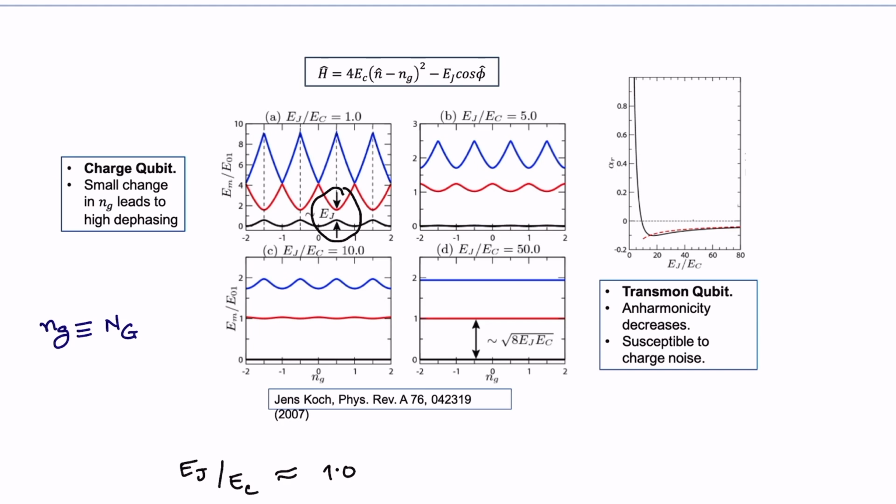Now, as you go on increasing the ratio EJ by EC, to around 10 or 20, or say here 50, you see the oscillation in the energies is no longer there, and you are getting distinct energy levels, and therefore in the transmon regime the decoherence is reduced. However, anharmonicity decreases as we increase the ratio of EJ by EC.